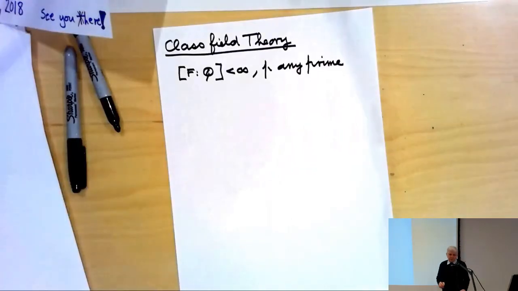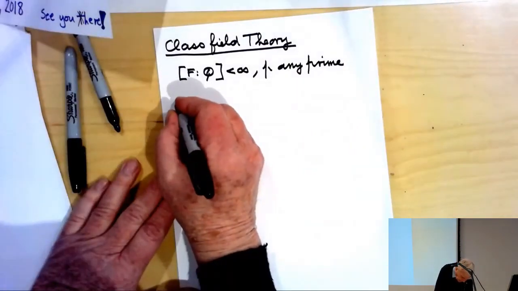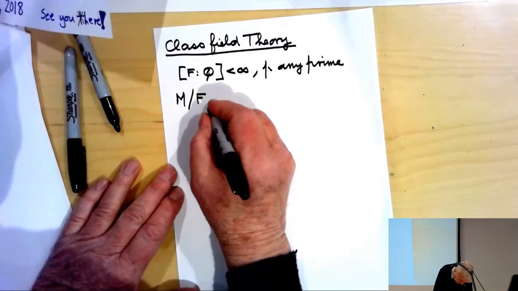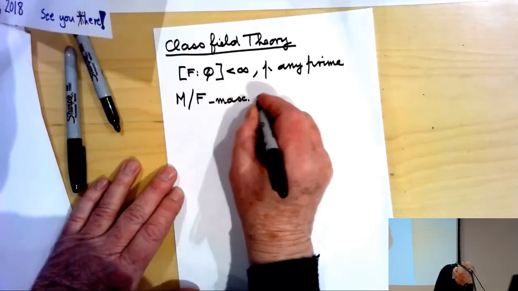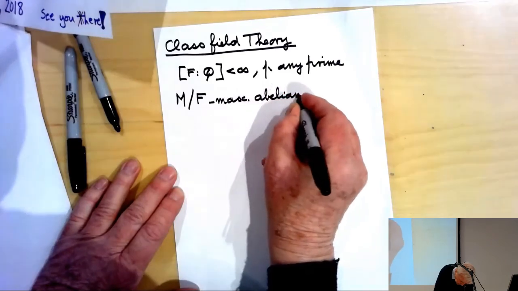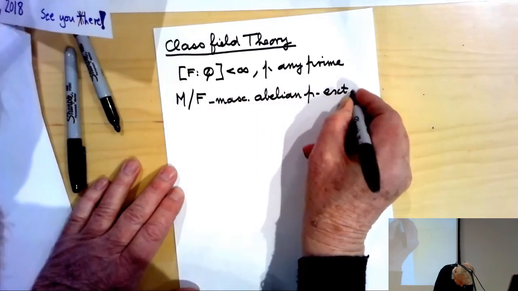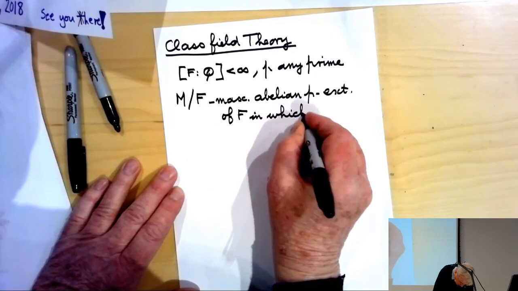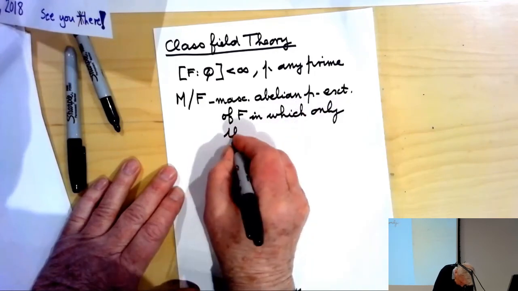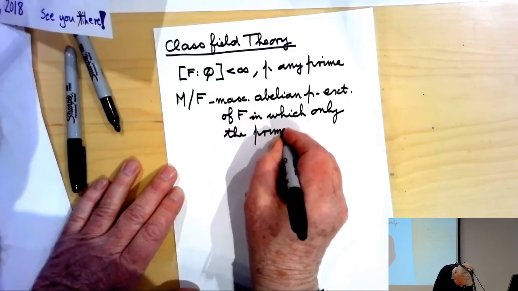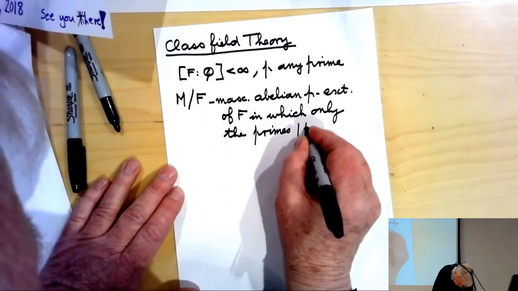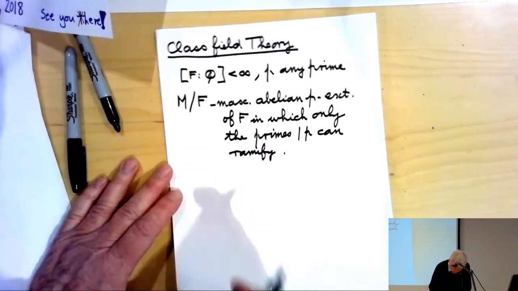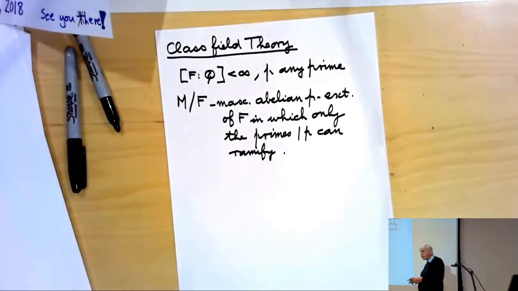Then what we want to know is how big, suppose we look at the M over F, which now M is not a motive, it's a number field, it's the maximal abelian p extension of F in which only the primes above p, dividing p, can ramify. So even the infinite primes, I do not allow them to ramify in that.